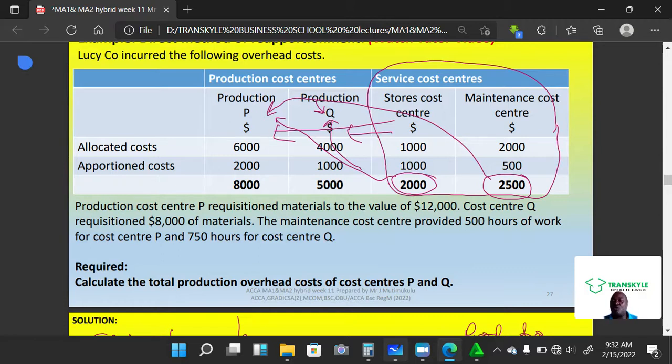We get raw materials, etc. So the examiner here is not going to tell you to use the material costs from the stores as the basis for apportionment. It's not going to tell you that. You have to lead yourself to the right basis of apportionment. That's the purpose of learning. Remember, by the end of the day, you just have to show the examiner that you are clever.